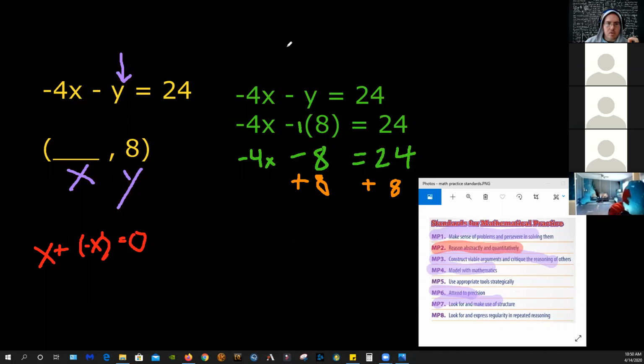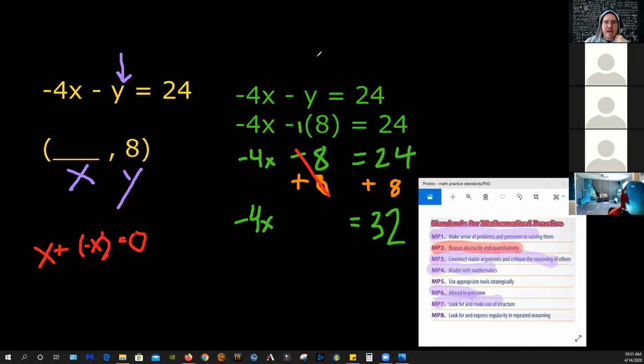Okay, so -4x has not been changed. -8 plus 8 makes 0. 24 plus 8 is 32. So that's where we're at so far. So I've got -4x equals 32.